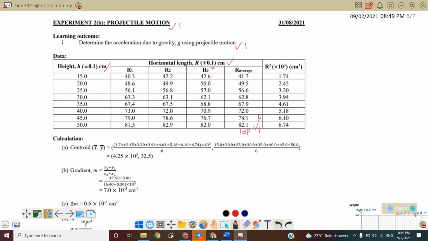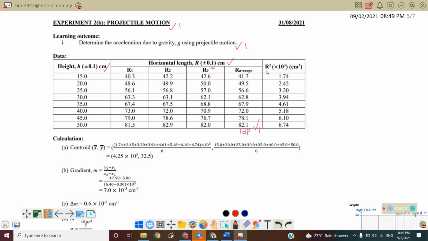Next, because the question asks us to plot h versus r squared, after finding the r average, we must find r squared. R squared is the secondary data, where we use a calculator to calculate the value.